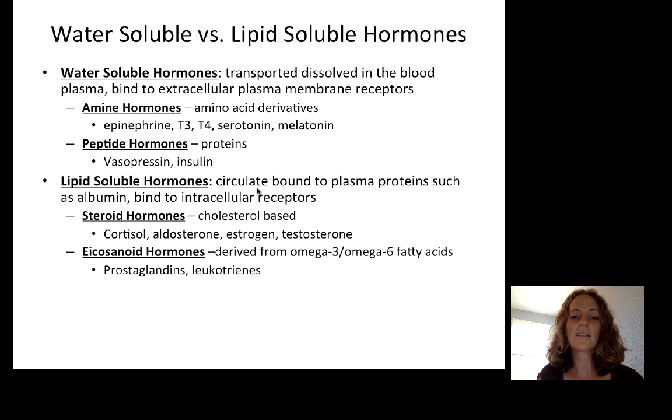They cannot dissolve in the plasma of the blood because it's oil and water, right? Lipids don't dissolve in water. They will have to circulate bound to plasma proteins that are made in the liver. These plasma proteins, such as albumin, will carry the hormones, and then when they get to their targets, they will have to be released from the plasma proteins, and they will bind directly inside the cell and affect the DNA and related processes directly inside the cell.